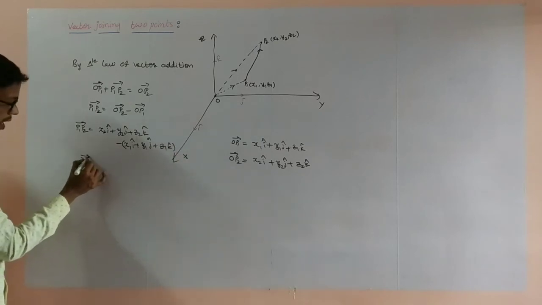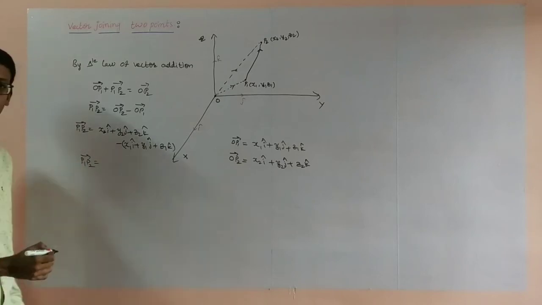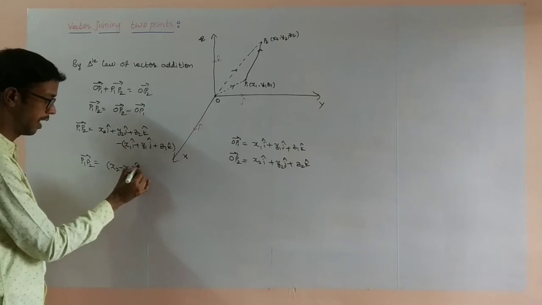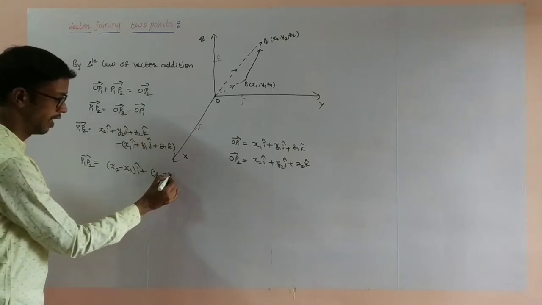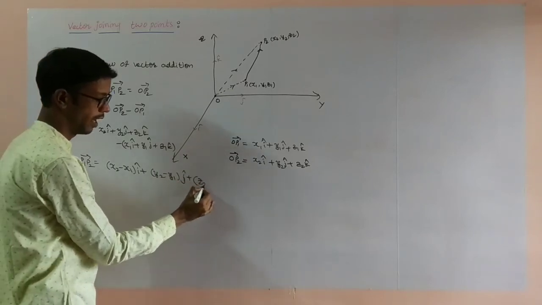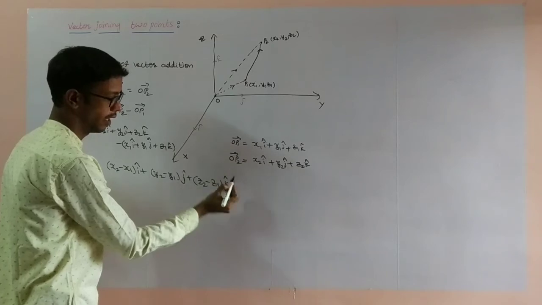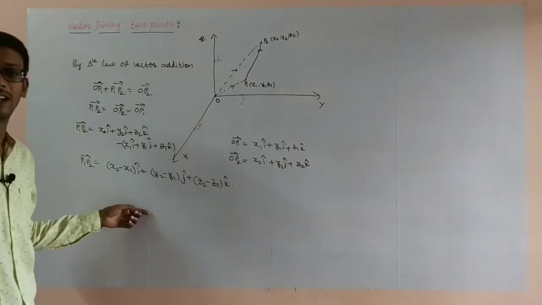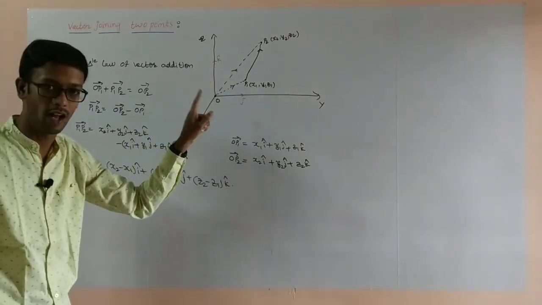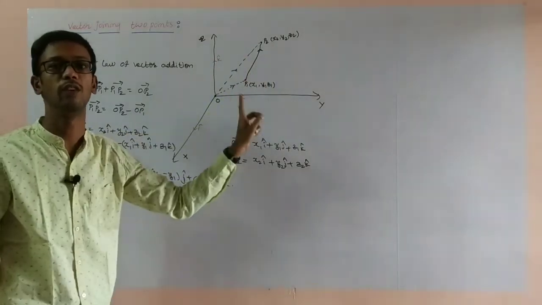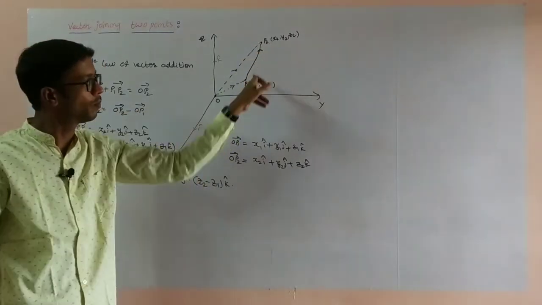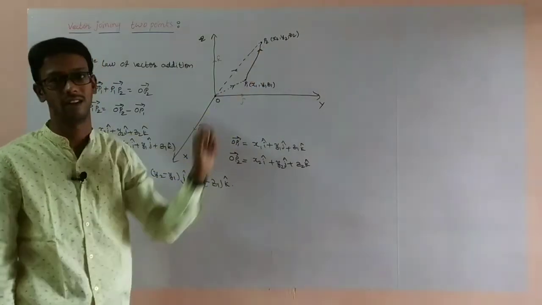P1P2 bar is equal to x2 minus x1 I cap, y2 minus y1 j cap, z2 minus z1 k cap. This is the vector joining of 2 points P1 P2 in the direction of P1 to P2. That's why x2 minus x1. Taking P2 to P1 means you will get x1 minus x2.